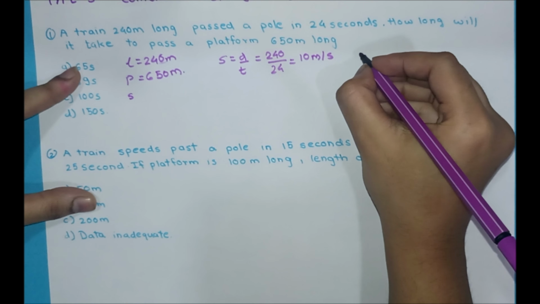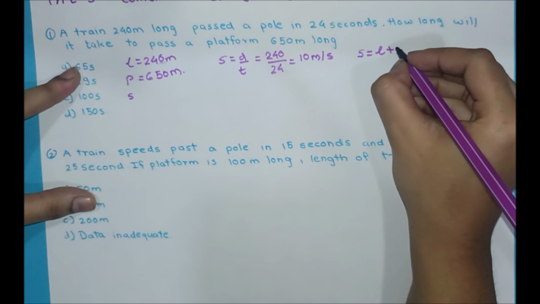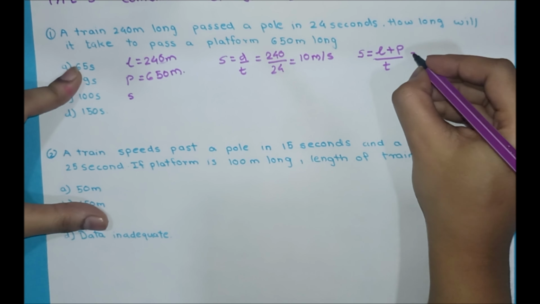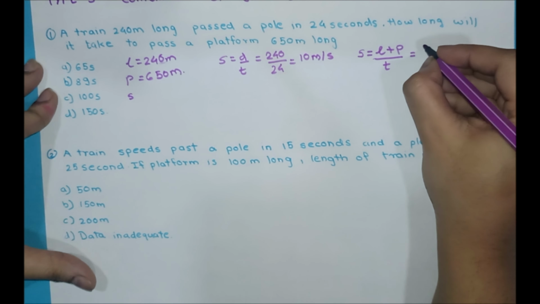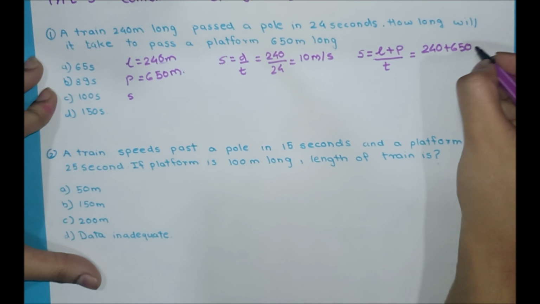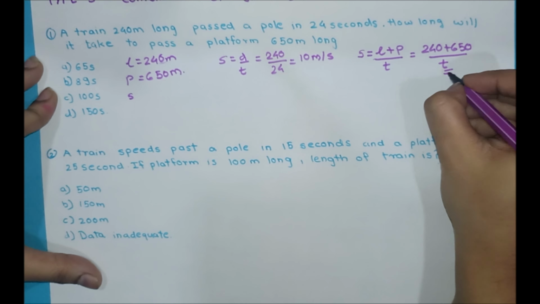So we used to write it as speed is equal to length of train plus length of the platform divided by time. The length of train is 240, the platform is 650, and this time is unknown. We have to find it out.